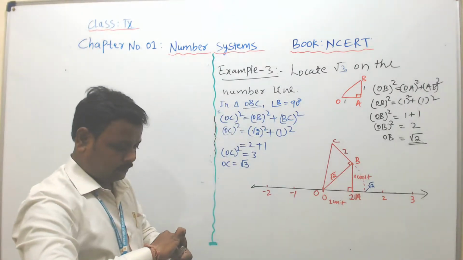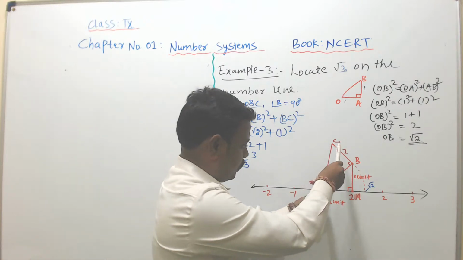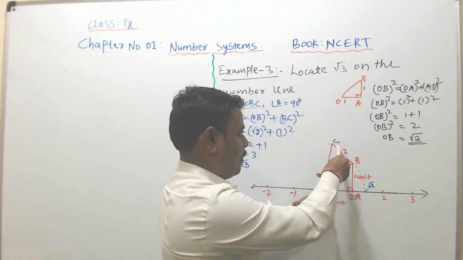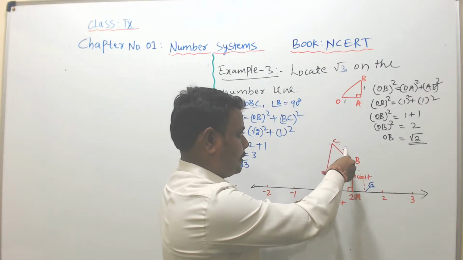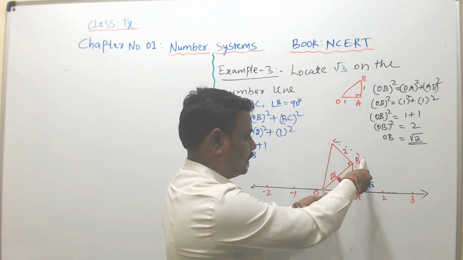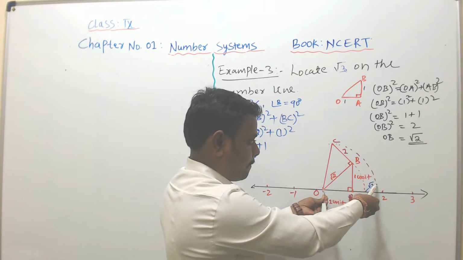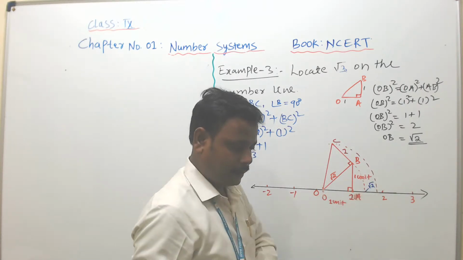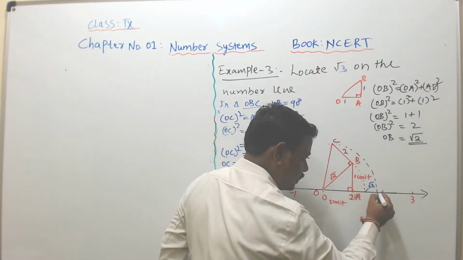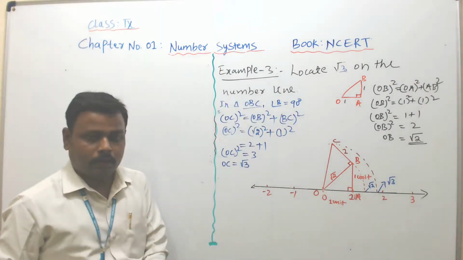Once again, listen here. So this point is there. You just have to draw the arc or cut the arc on the number line. We have to measure O to C. Now this arc will cut the number line at root 3.